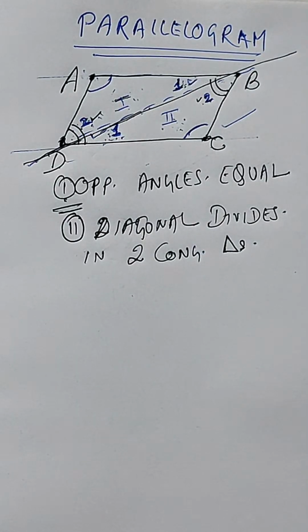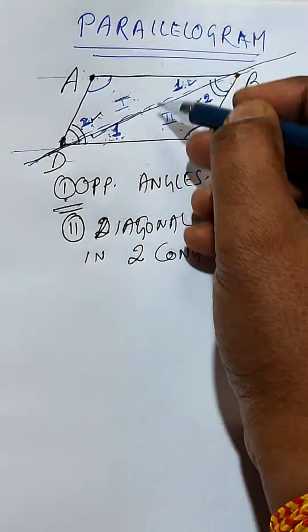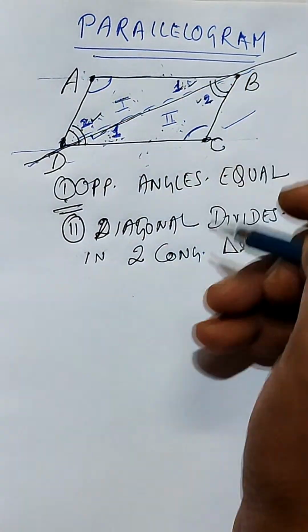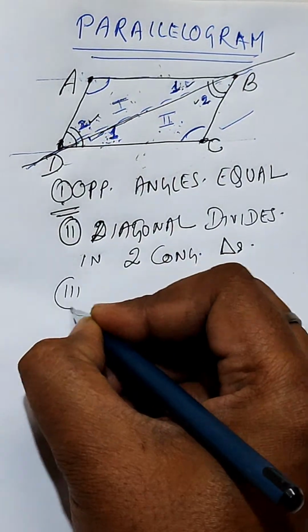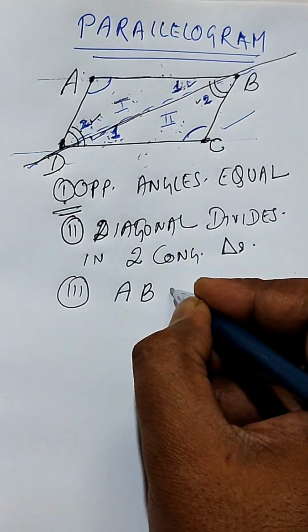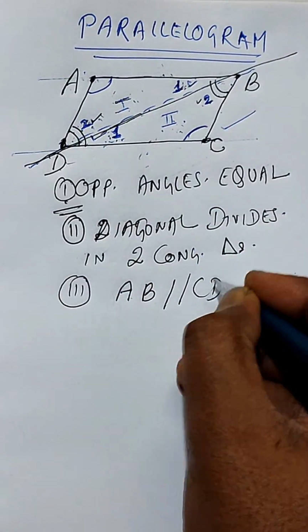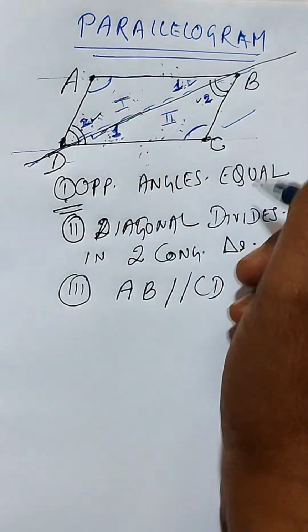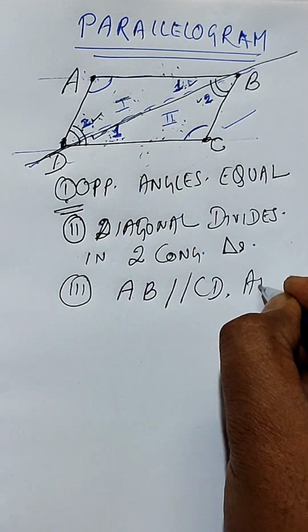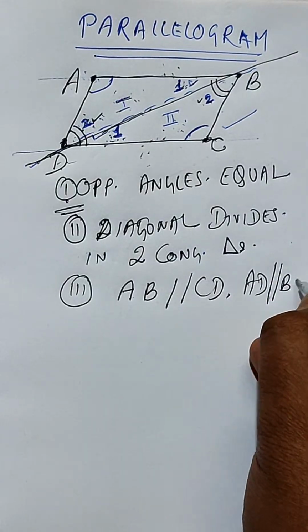Now another theorem which is followed is that the opposite sides of a parallelogram are always parallel and equal. This is the basic property of a parallelogram. When ABCD is a parallelogram, then AB is parallel to CD, being opposite sides, and AD is parallel to BC.